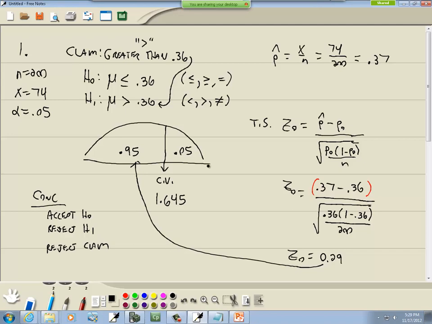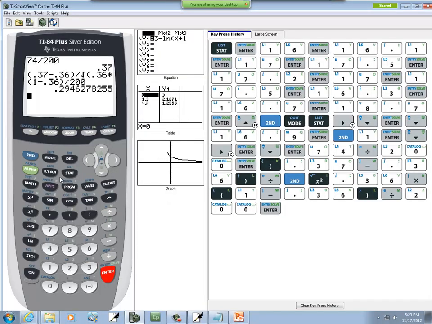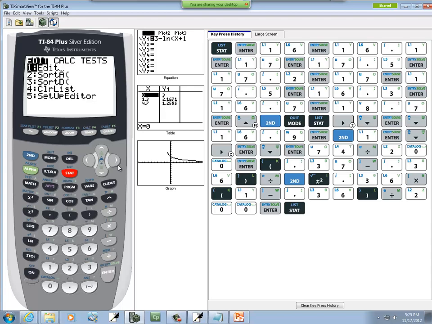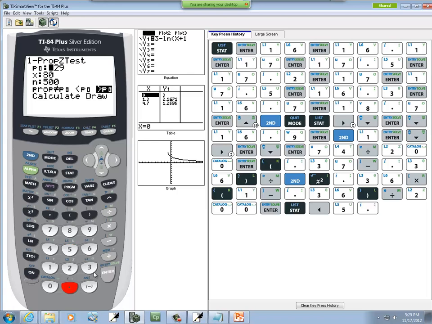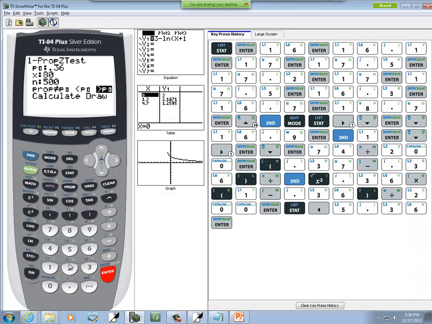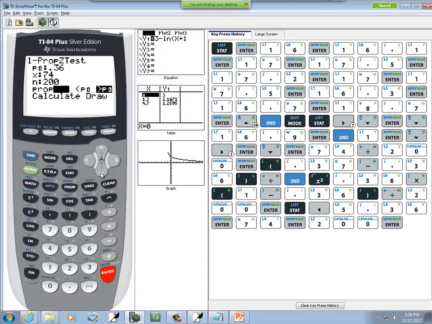Now, let's compare that. Not that we're doing this by a calculator at all, but if I press stat, go to tests, one prop z test, 0.36, x is 74, n is 200, the symbol on H1 is greater than, which I already have highlighted, and then enter.